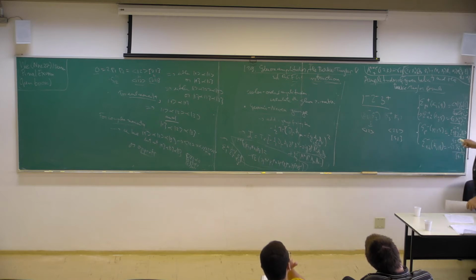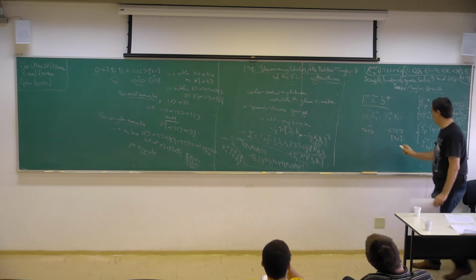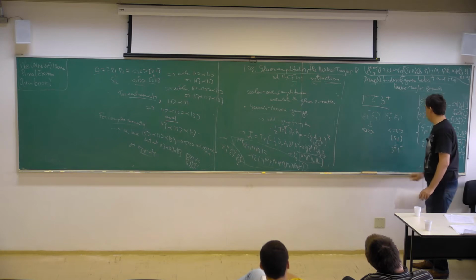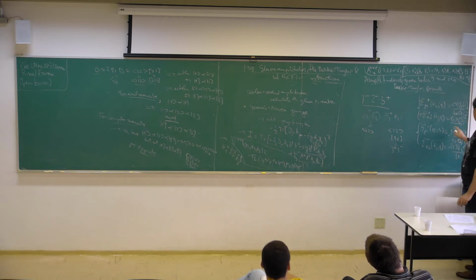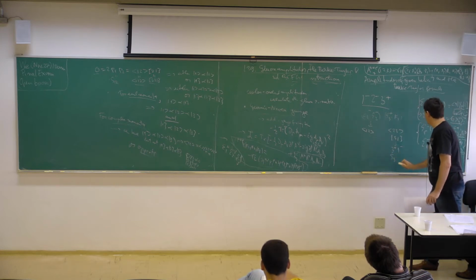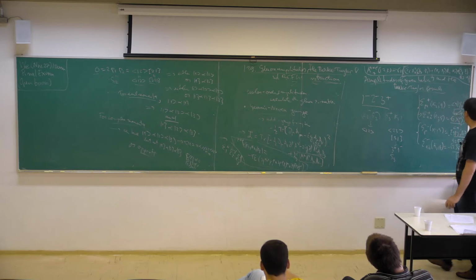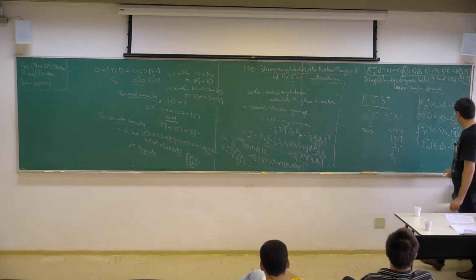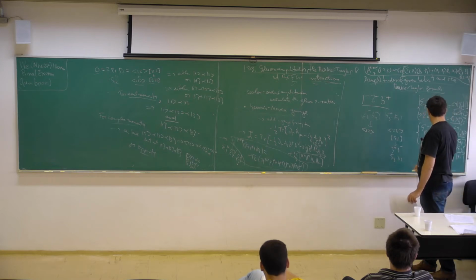Let's see this one first. This would be 3 plus with 1 minus. 3 plus with 1 minus would be lambda 3, so lambda 3 tilde. And with 1 minus would be lambda 1.